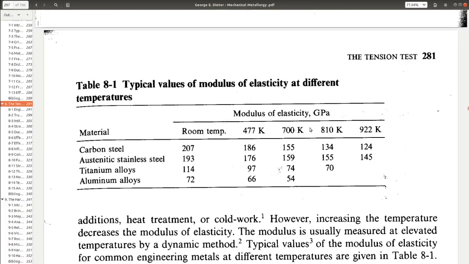I mean, that's just the slope. And if we notice, for some materials, this table gives the Young's modulus for various temperatures. And if you notice, for an increasing temperature, the Young's modulus, or modulus of elasticity, is decreasing. Okay, so that is one thing which is noticeable.